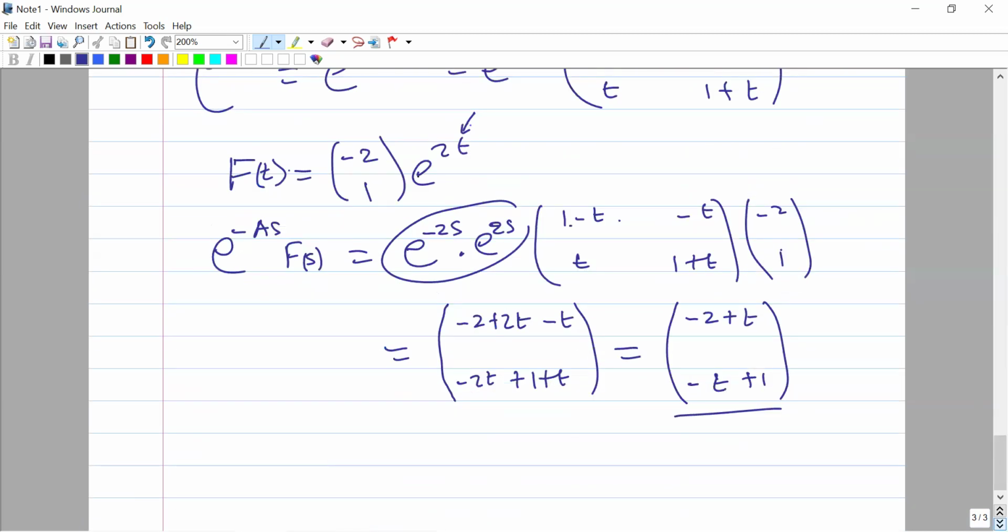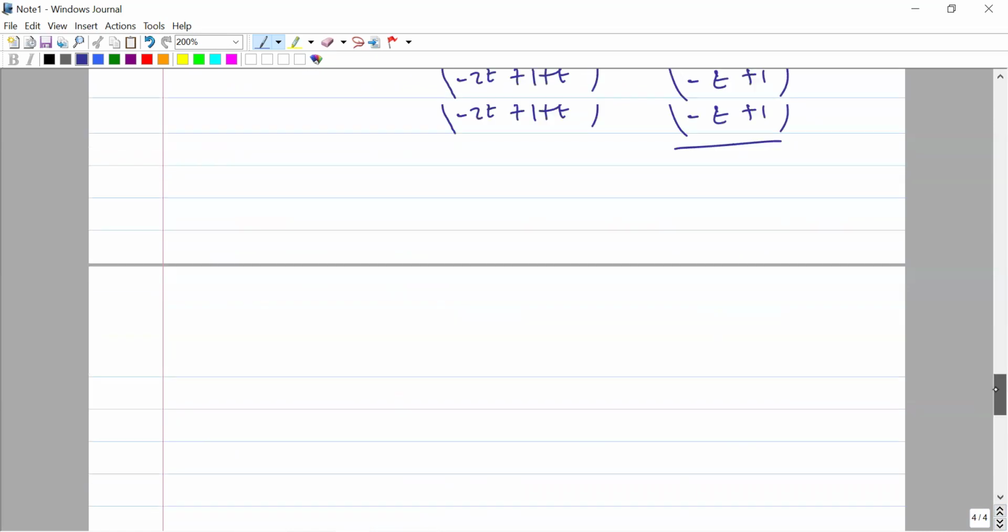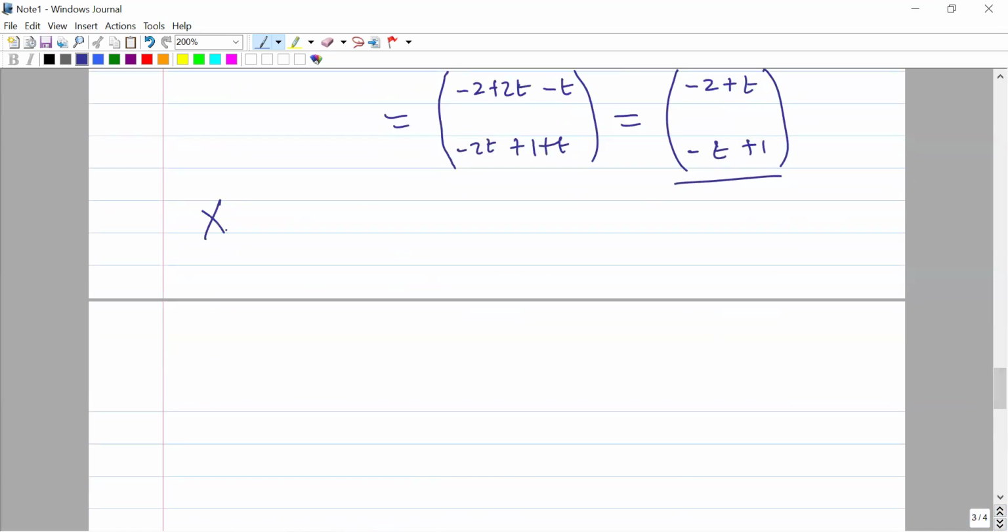So now compute xp. xp is equal to e to the power at times the integral from 0 to t of e to the power minus as times f of s with respect to s.